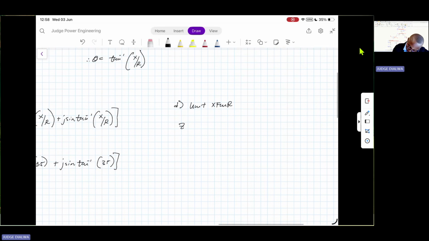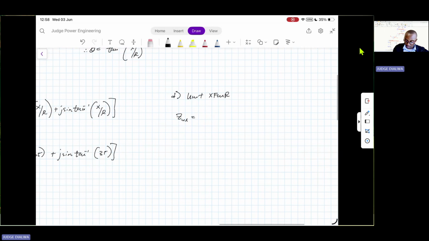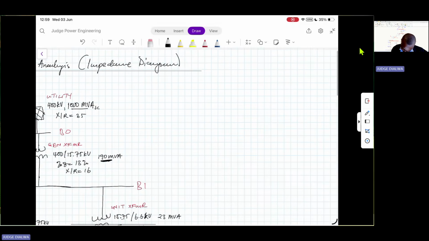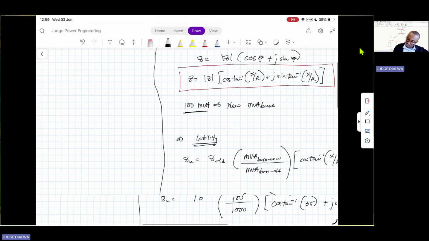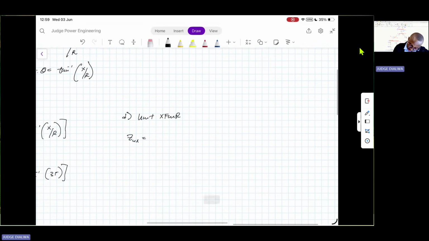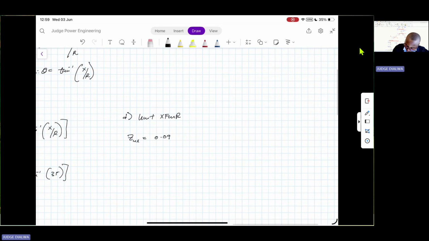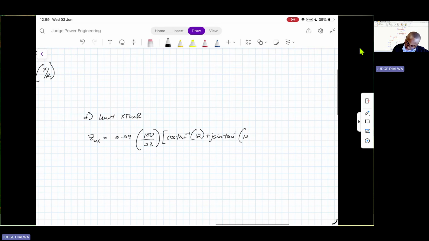So the impedance of our unit transformer will be, the impedance is 9%, right? 9%, X over R ratio of 12, 23 MVA. So that would be 0.09 multiplied by the new MVA over the old one multiplied by cos arctan X over R ratio of 12 plus j sine arctan 12.